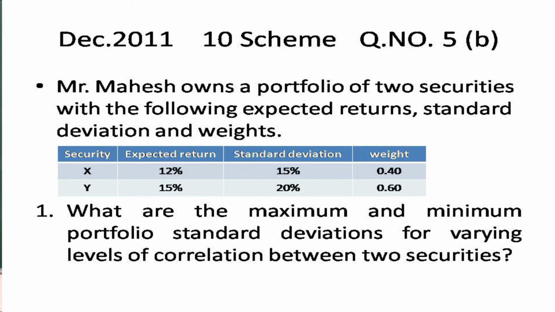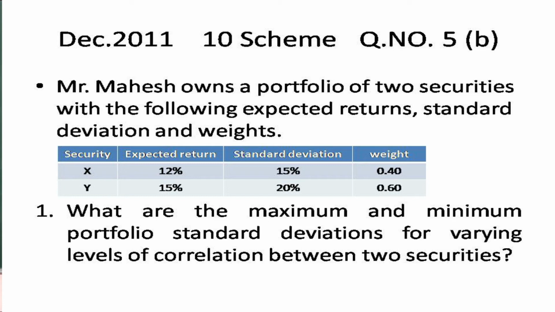Security X and Y, it is 12% and 15%, standard deviation is 15% and 20%, weight is 0.40 and 0.60. What are the maximum and minimum portfolio standard deviations for varying levels of correlation between 2 securities?